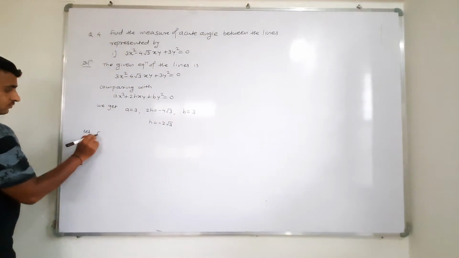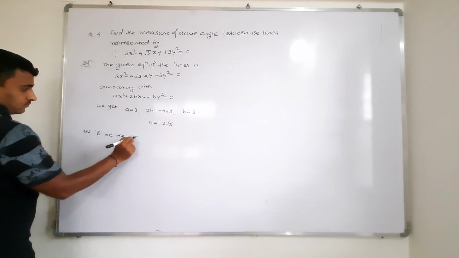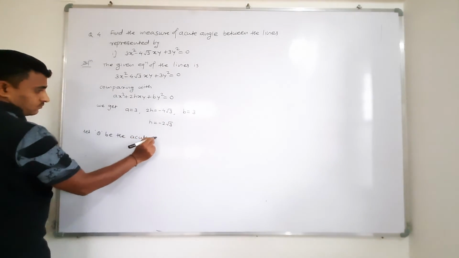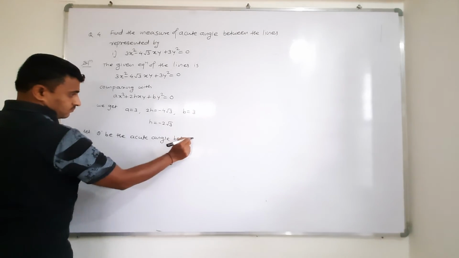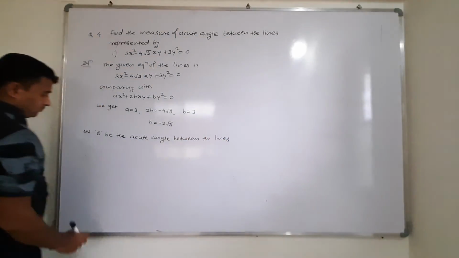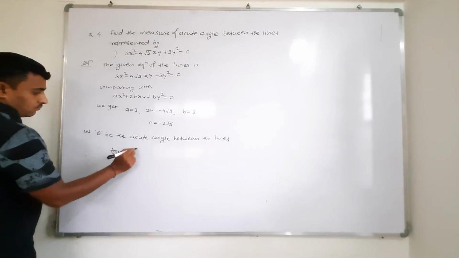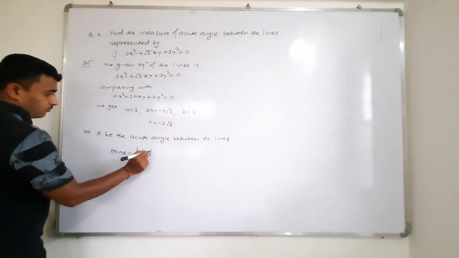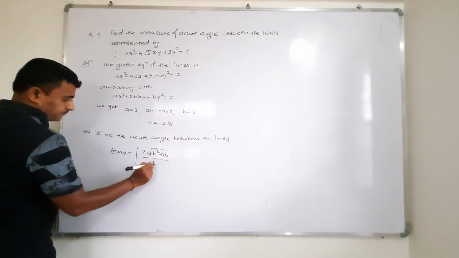Let theta be the acute angle between the lines. Therefore tan theta is equal to modulus of 2 times square root of h square minus ab, upon a plus b.